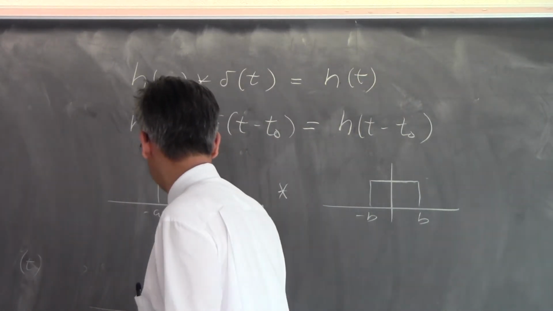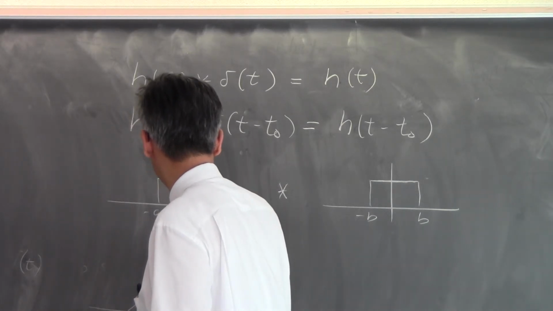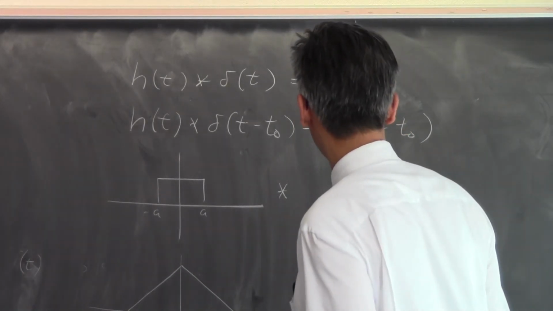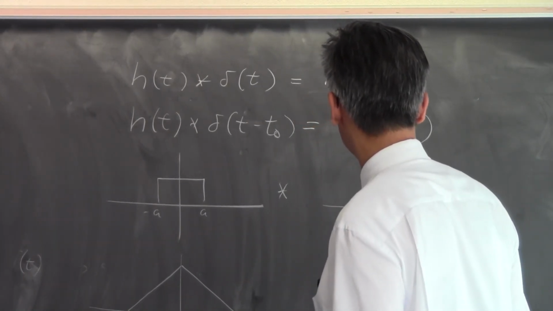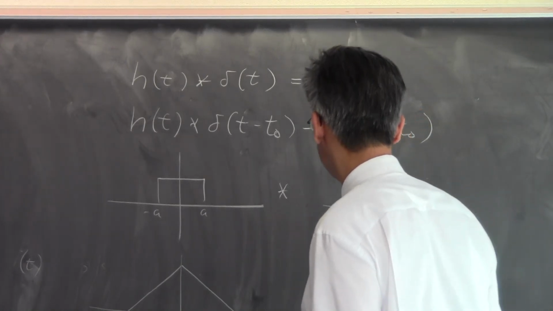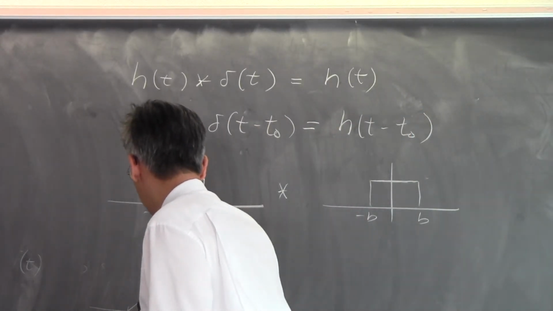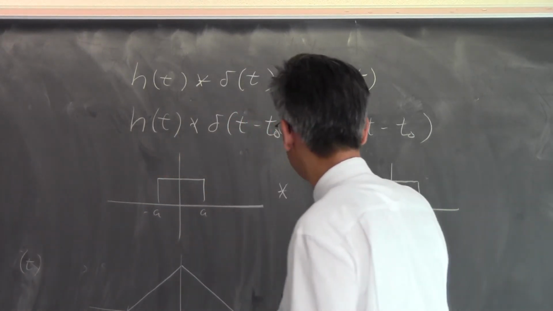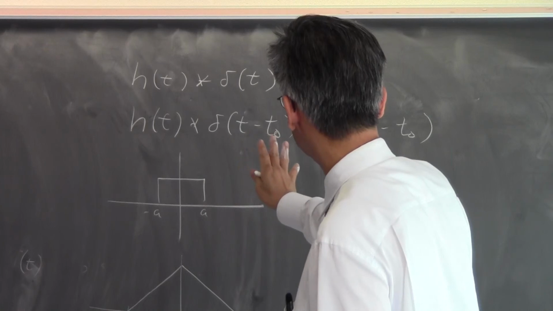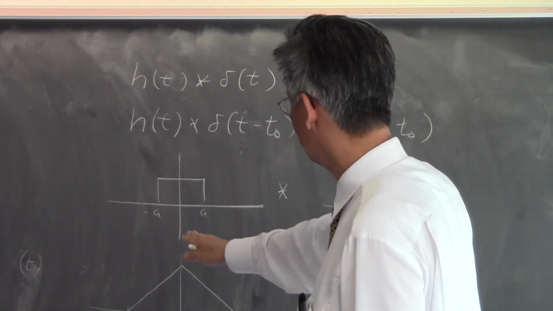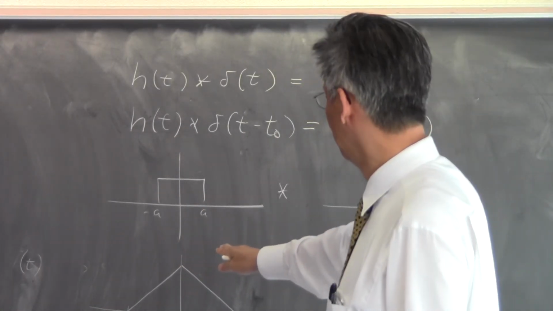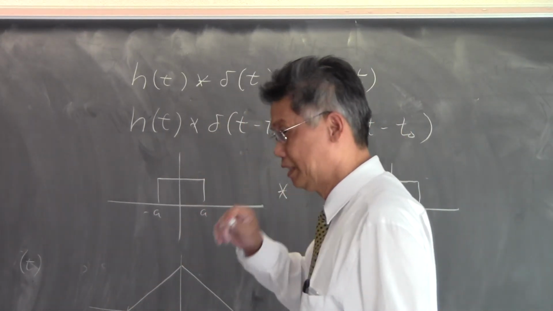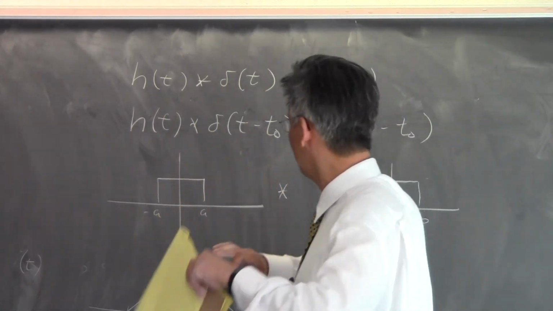As they overlap, you pick up an area, and you start to have an overlap when this is equal to minus A minus B. This is equal to A plus B. You can go through the pictorial diagram and flip them around and move them back, and then they would have an overlap integral until you have t equals A minus B. And then as the overlap changes, you find the area underneath is very much like this.